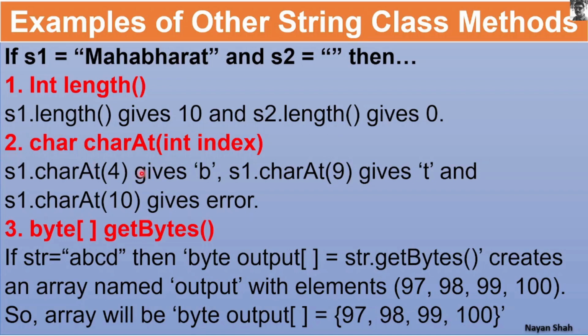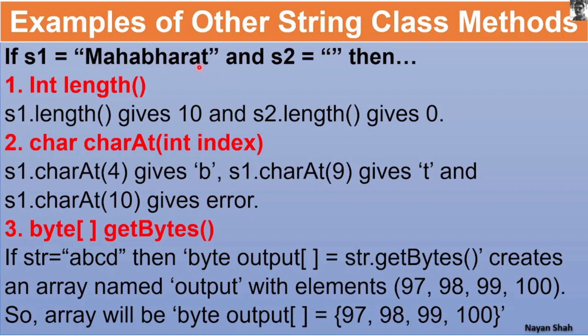Second method, charAt integer index. S1.charAt(4). So this is the index position number 4. Position number 4 means 0, 1, 2, 3 and 4, that is B. So S1.charAt(4) gives B. If you say S1.charAt(9), it will give you T, because T is the 10th character. 9 is the index number, and again, let me remind, index number begins from 0.